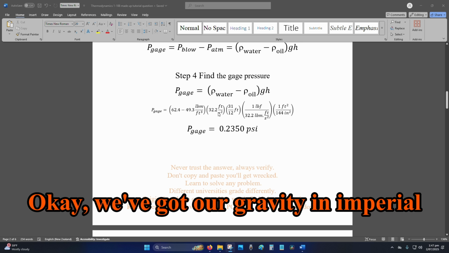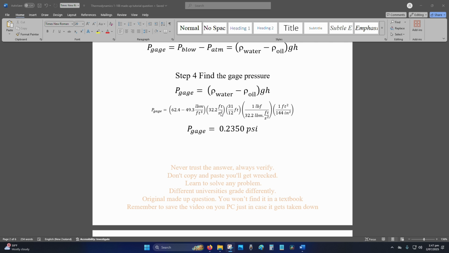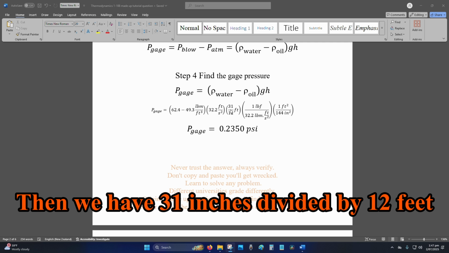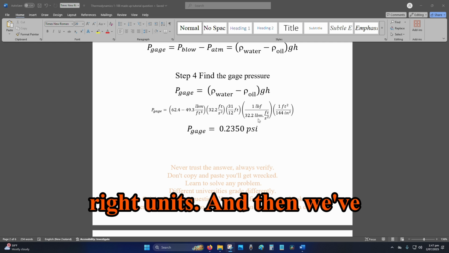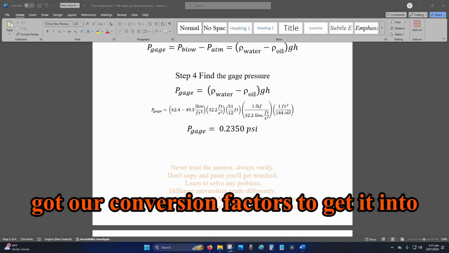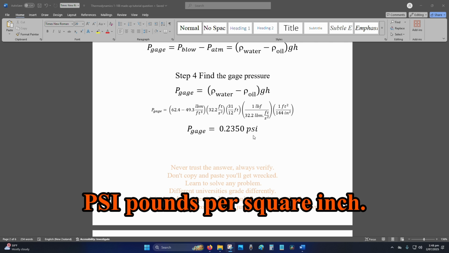Okay, we've got our gravity in imperial or English units or US customary. Then we have 31 inches divided by 12 feet to get it into the right units. And then we've got our conversion factors to get it into PSI. So we will get 0.2350 PSI, pounds per square inch.